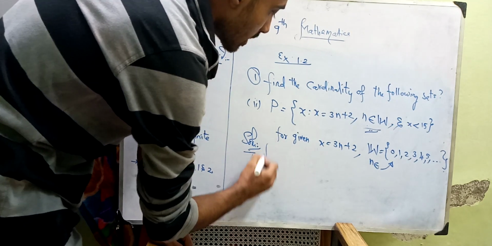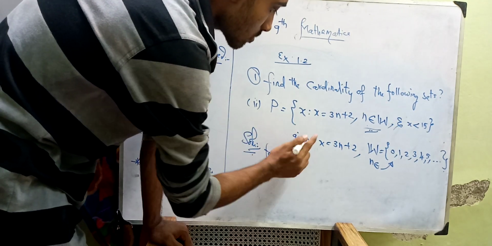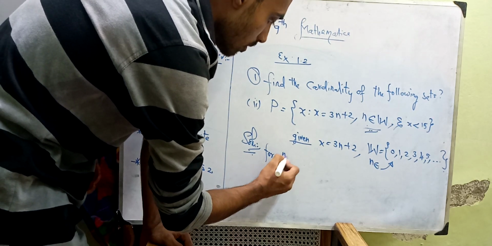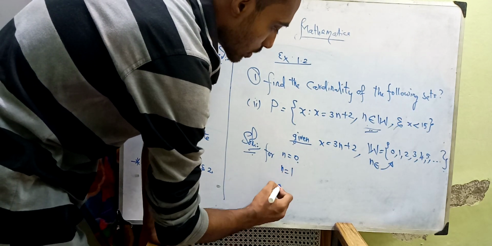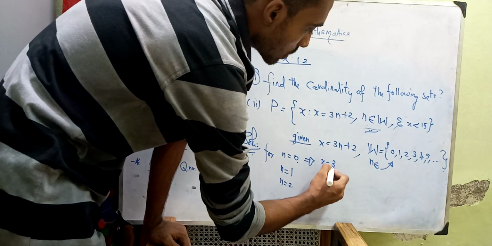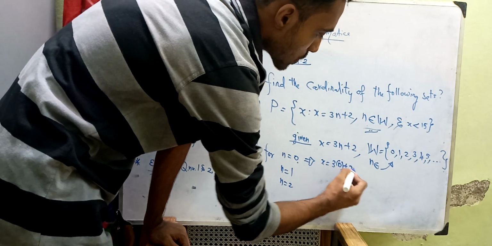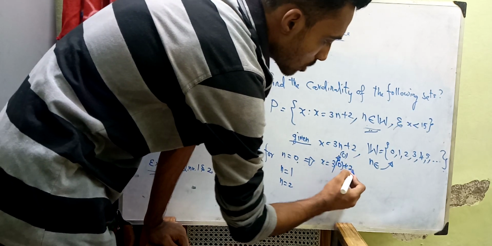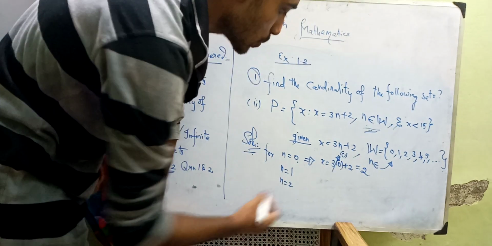So for n equal to 0, n equal to 1, n equal to 2, you can have X equal to 3 times 0 plus 2. So 3 times 0 is 0, 0 plus 2 is 2.